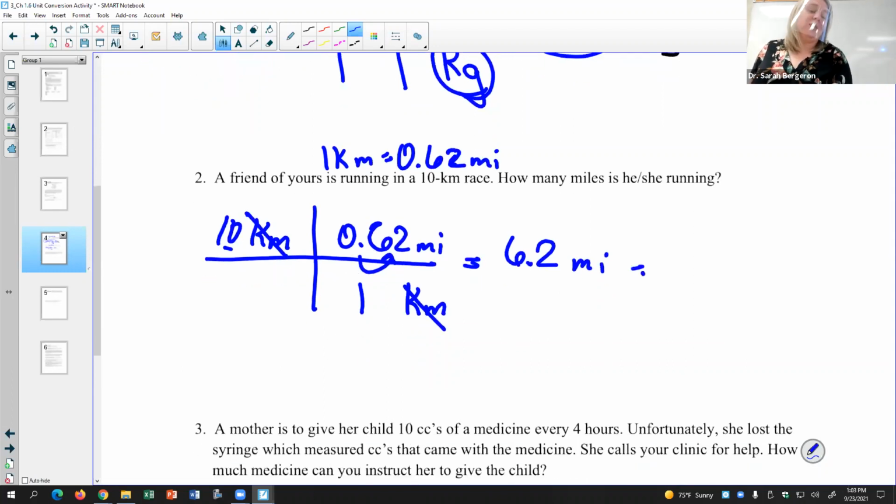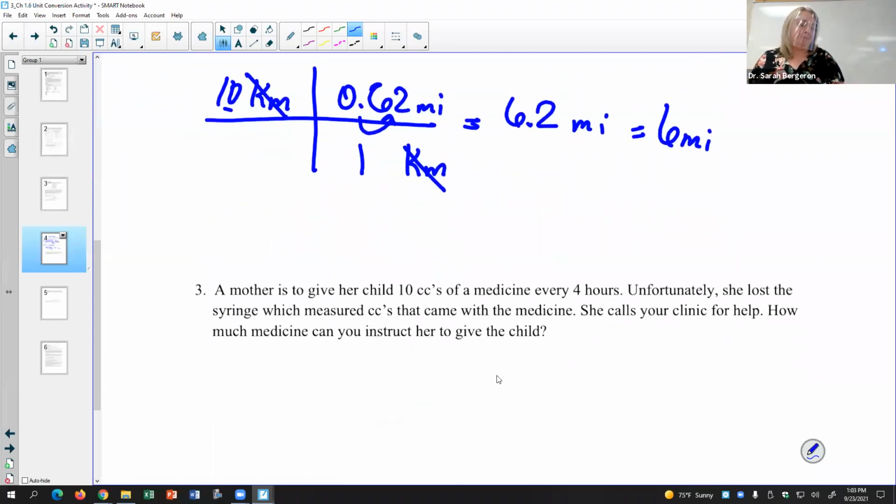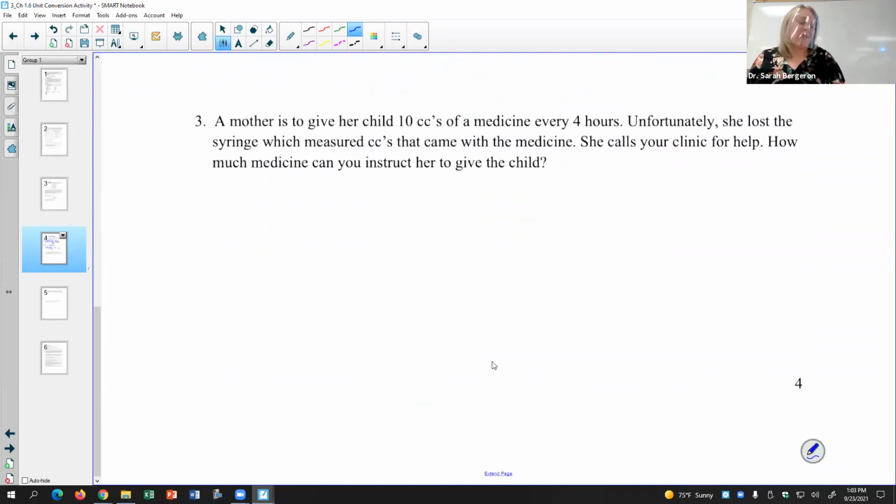And really this rounds to 6. But if they put a 10 kilometer race, that would be 2 sig figs.